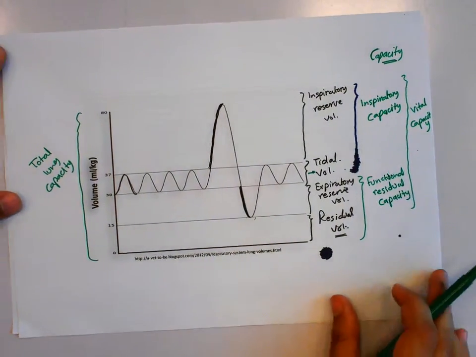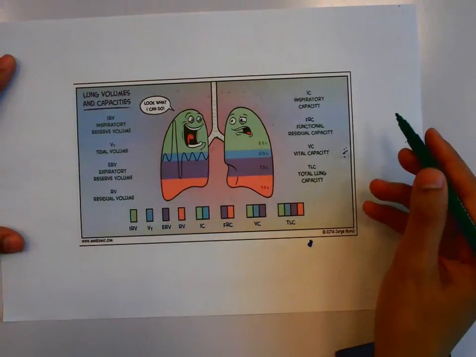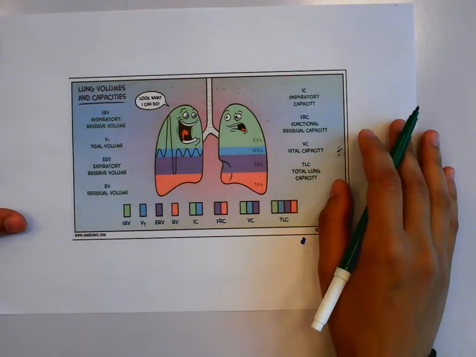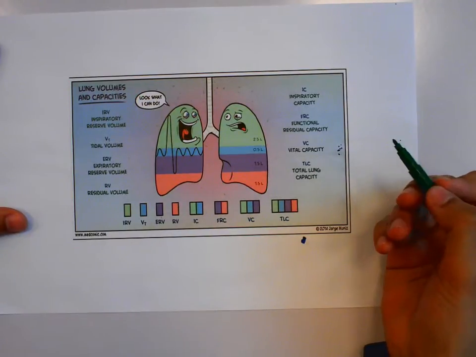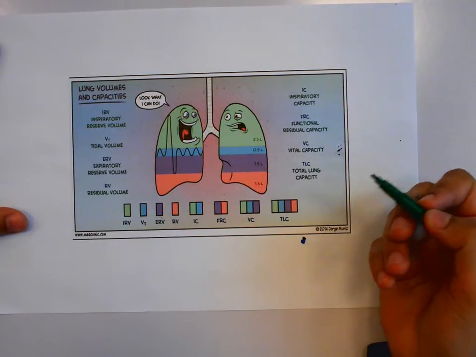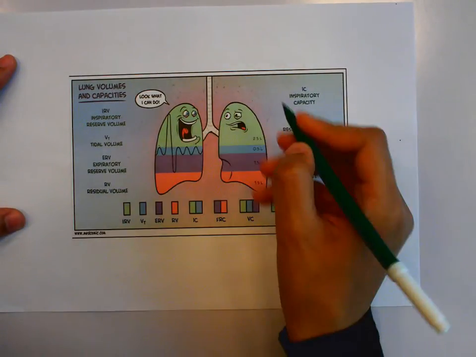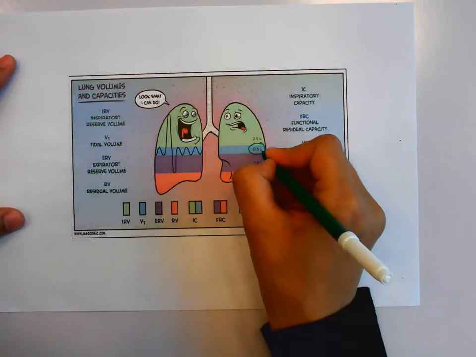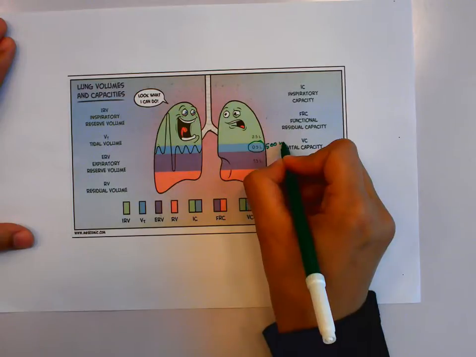This is a fine picture about the same concept, the lung volumes and capacities, and it shows us how the lung is able to adapt to different conditions. This is normally the tidal volume, about 0.5 liters. Normally, you inhale and exhale 500 milliliters of air.